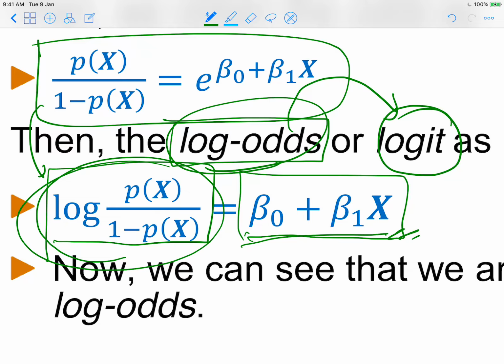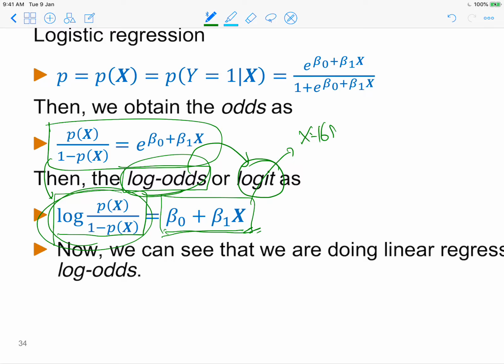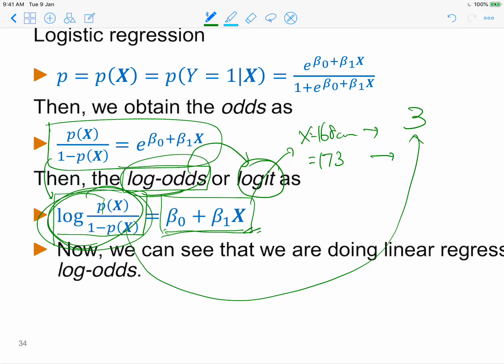If we can represent it as a particular value from our label, suppose when x is 168 centimeters, this log odds is represented as 83, and if it is 173, then the log odds is maybe 15, and if it is 166, then log odds is -4.